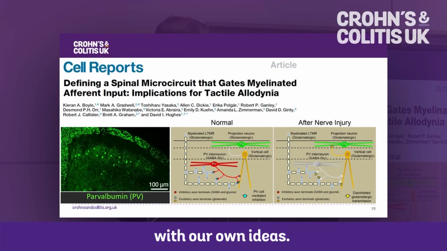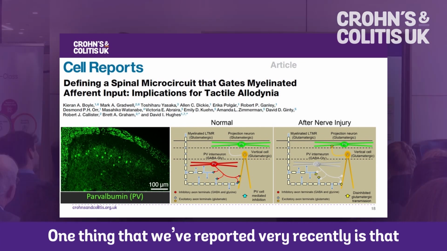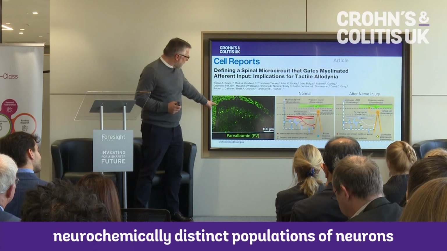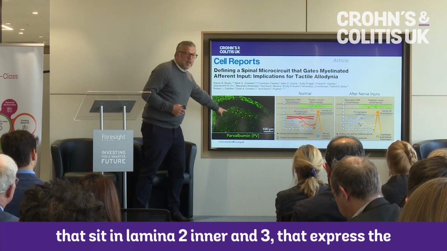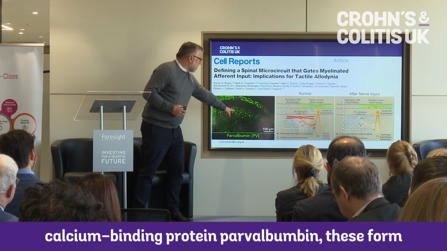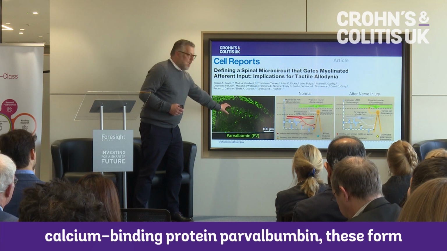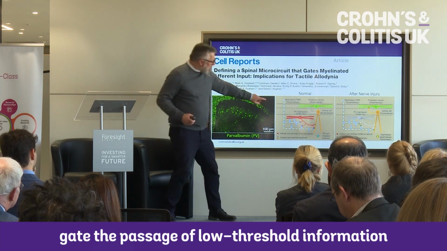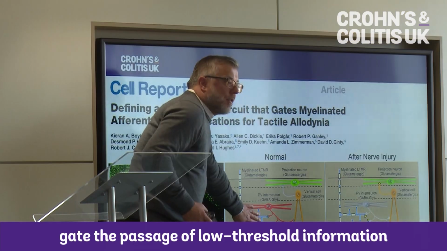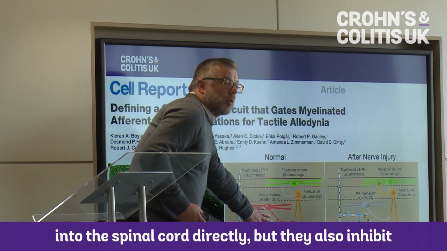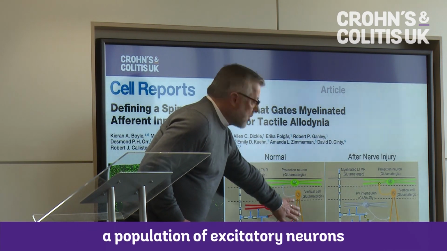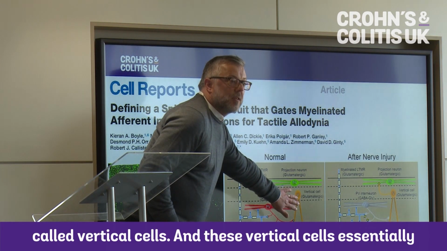our own ideas. One thing that we've reported very recently is a neurochemically distinct population of neurons that sit in lamina 2 inner and 3 that express the calcium-binding protein parvalbumin. These form what are known as axoaxonic synapses, so they gate the passage of low-threshold information into the spinal cord directly, but they also inhibit a population of excitatory neurons called vertical cells.